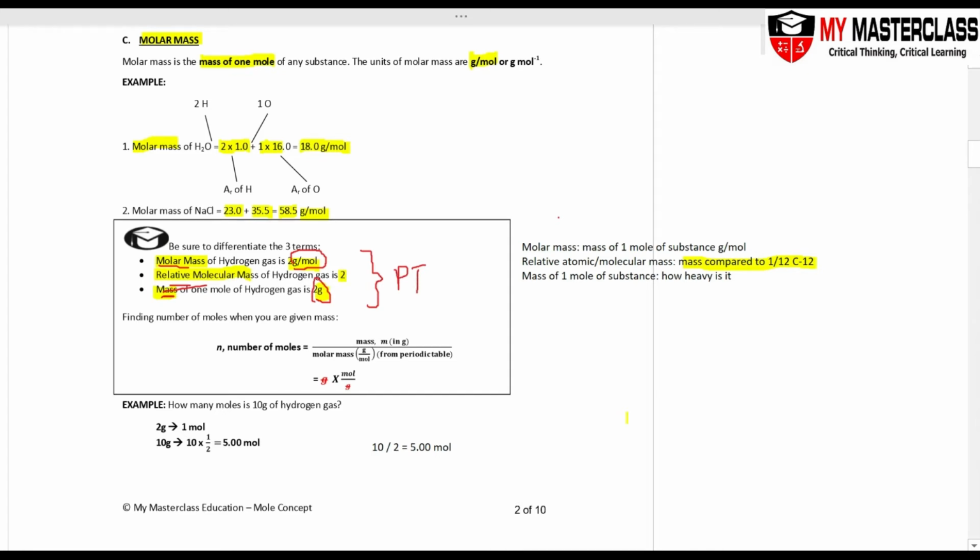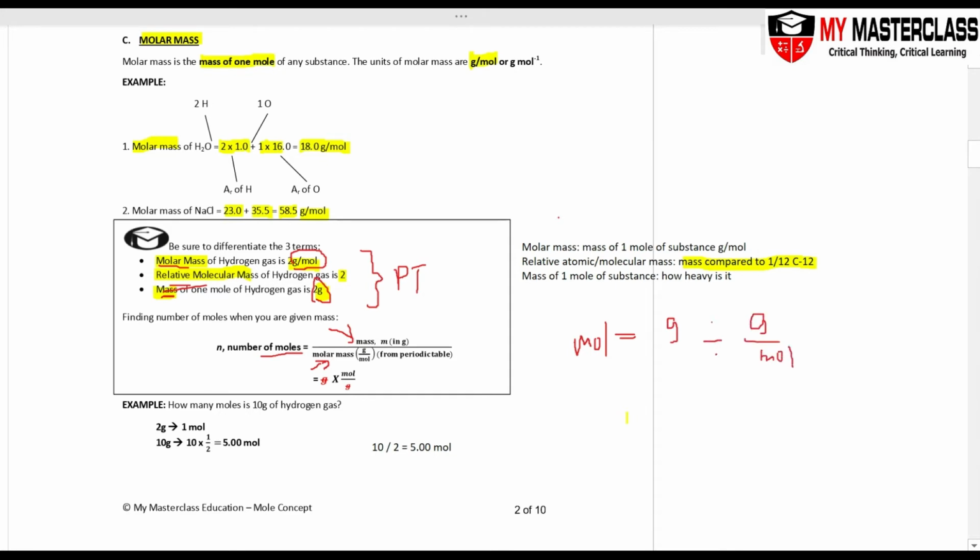Understanding these terms, there's a formula that you have to know, which is to find the mole. The mole concept is to find the mole. I find the mole by taking the mass divided by the molar mass. So mass unit is grams, mole equals mass divided by your molar mass, which is gram per mole.